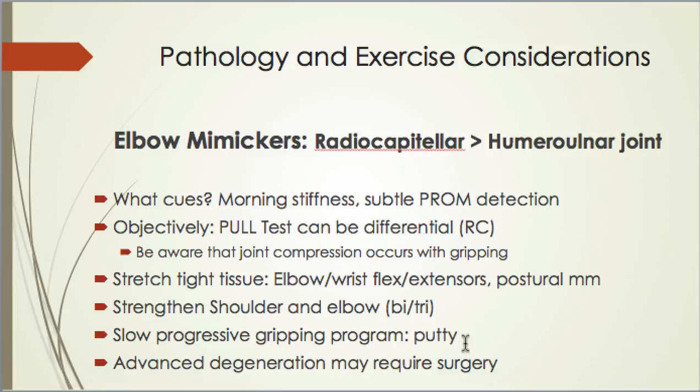Putty is a nice way to do that because it's a nice objective measure of how much force you're using. If you're using yellow putty, it's very light. You can't really compress it that much and cause a lot of strain. But once we're up to blue or so, we're using a lot of strain to compress that putty. Advanced degeneration in either joint typically requires surgery.